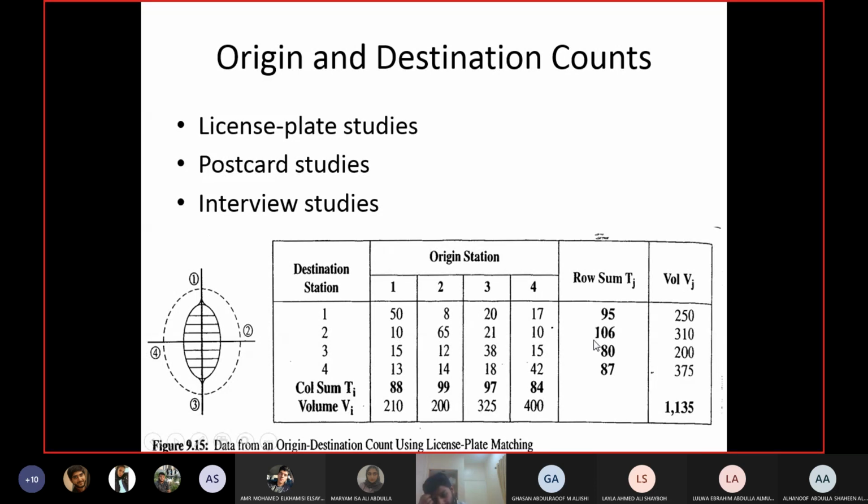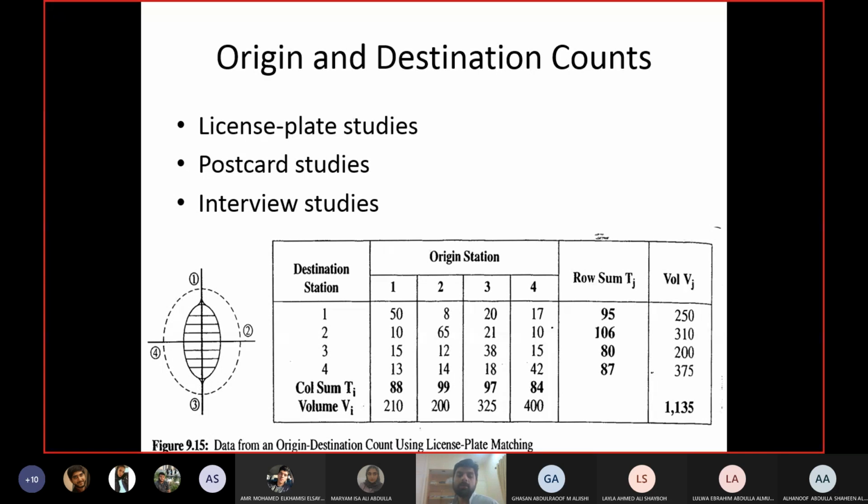Okay, now irrespective of the method you apply, there is a high chance that these numbers are not representing the full count. Like I told you, in the license plate technique you will miss some cars for which you will not be able to record the license plate number.